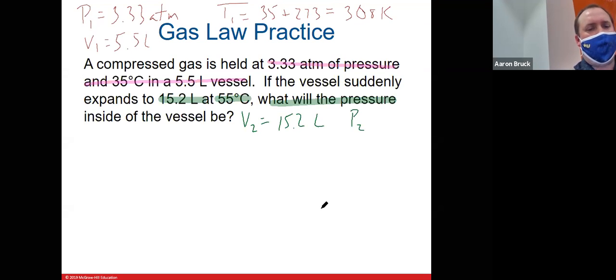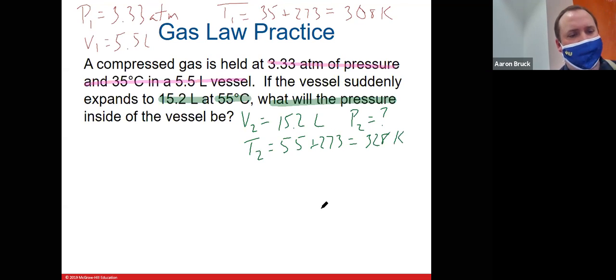My new pressure is unknown. And my new temperature is 55 plus 273 for 328 Kelvin. So I've identified all the variables.